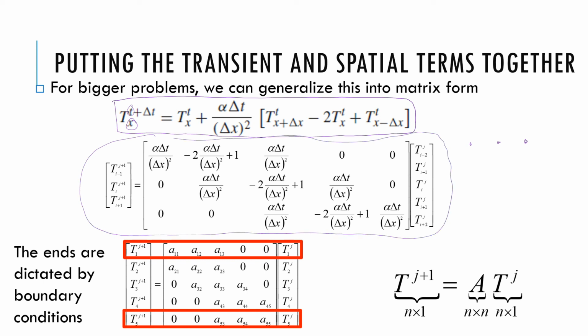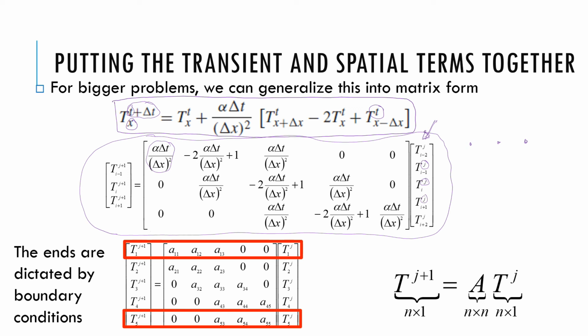Okay, so on the right hand side, this matrix is all known because these are the values at the previous time step, just like here. So this is t plus delta t, the new time, and this is the old time. So all the old time step values are here, and inside all of these elements, they are known from what we chose as alpha and delta t and delta x squared.